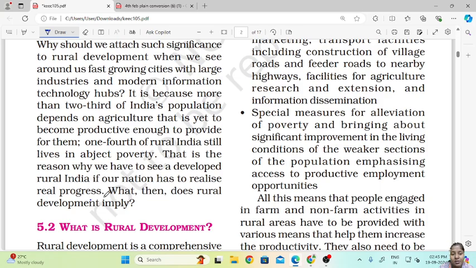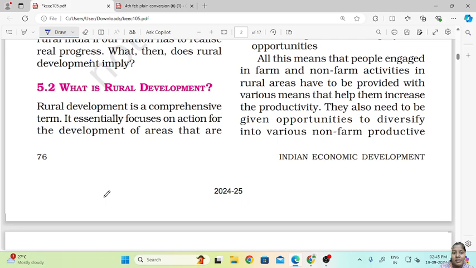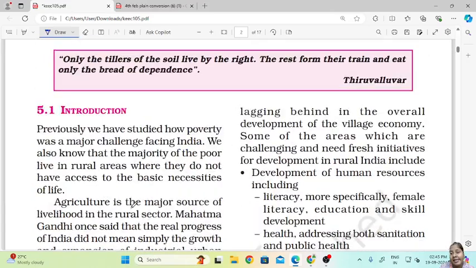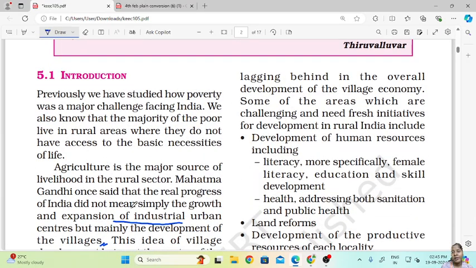So rural development, in the sense, basically focuses on action for the development of areas that are lagging behind in the overall development. Some of the areas which are challenging need a fresh initiative for development in rural India.